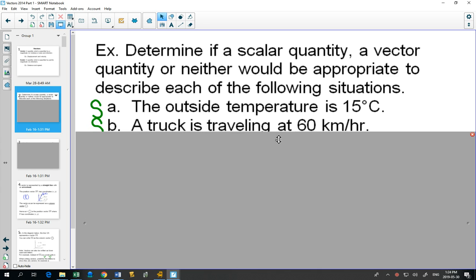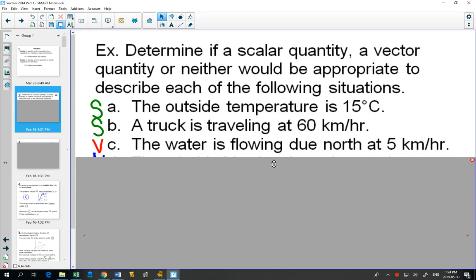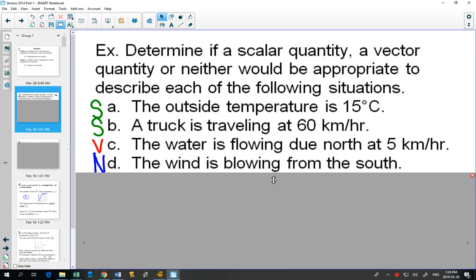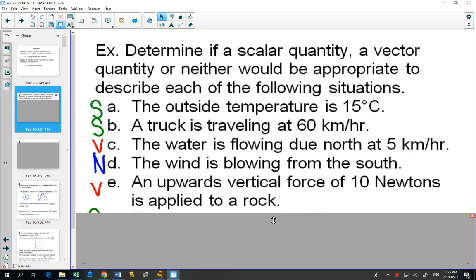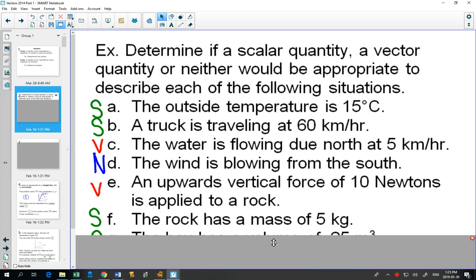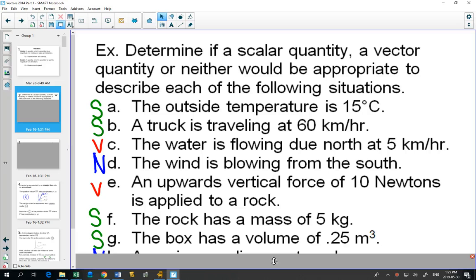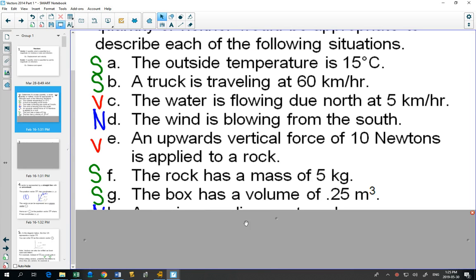Scalar, scalar, vector, neither. This one has a direction, but no magnitude. So if you just have a direction, it's going to be neither. It's a vector. That's a scalar. That's a scalar.